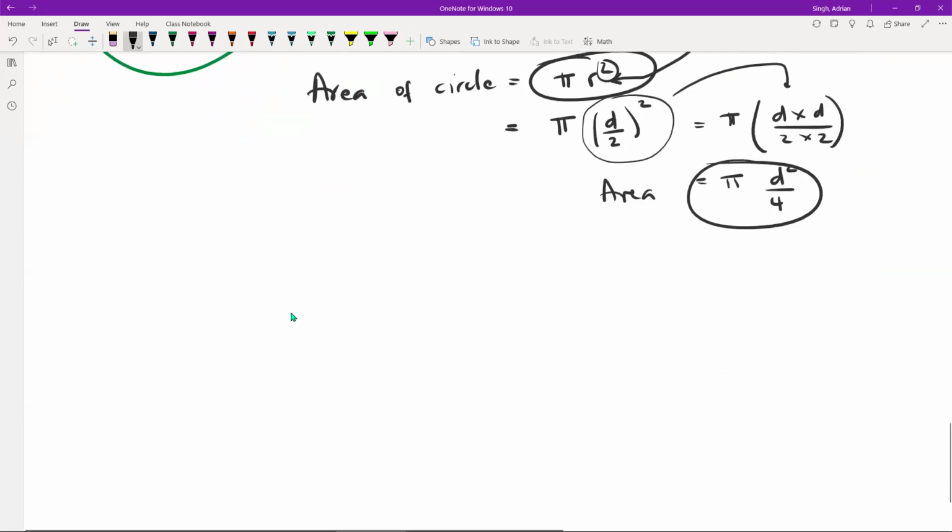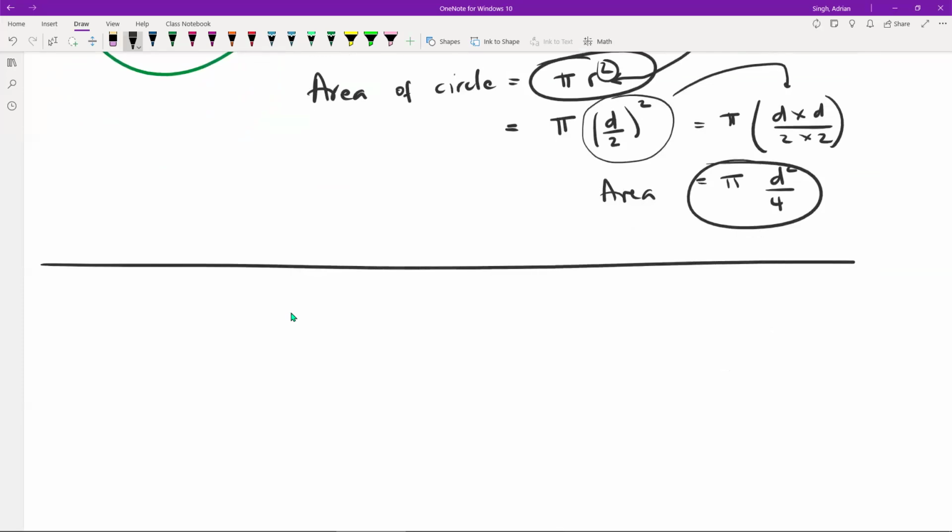Let's take a look at if we had a sphere. A sphere you can think of as analogous to a ball, for example, a ping pong ball or a tennis ball, that general shape is what we're looking at when we're talking about a sphere.